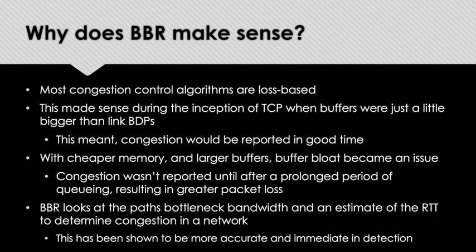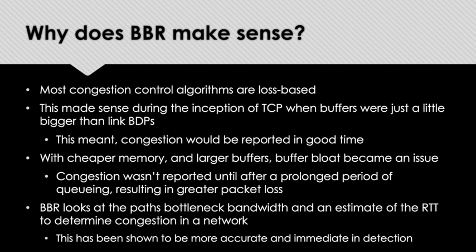And as a result, loss-based congestion control algorithms became inefficient in reporting congestion since there was a lot of buffer bloat before the buffer actually started overflowing. This meant that the bottleneck was dropping many packets before the sender was even notified of any such congestion existing. This shows that in today's internet, packet loss is not an effective measure of congestion in a network.